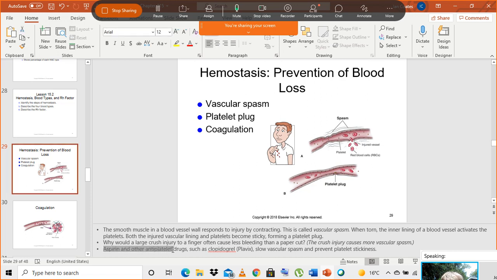Aspirin. You know that they say when you feel like you're having a heart attack, you take a little bit of aspirin. I think it's aspirin 88. It's a special kind of aspirin, a low-dose aspirin. When you're having a heart attack or you feel like you're having one, take an aspirin, and it dilutes the blood. Okay?